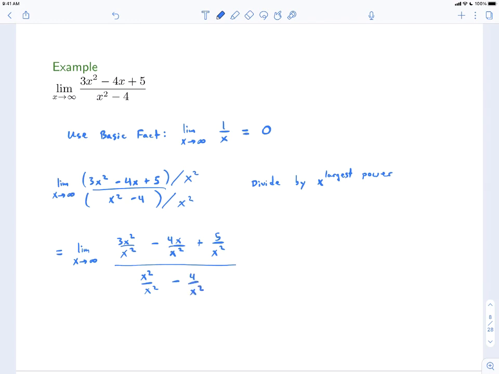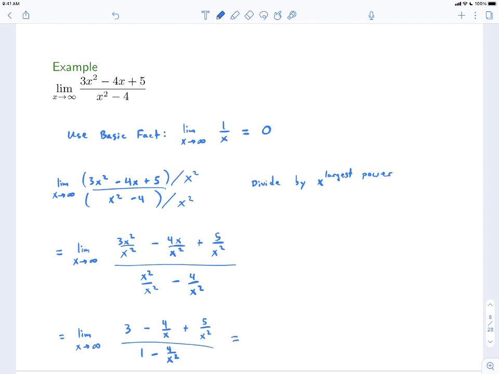You might notice that a lot of this will simplify. So we'll have the limit as x goes to infinity of 3x squared over x squared is simply 3, minus 4 over x plus 5 over x squared. That's the numerator. And now we divide by 1 minus 4 over x squared.